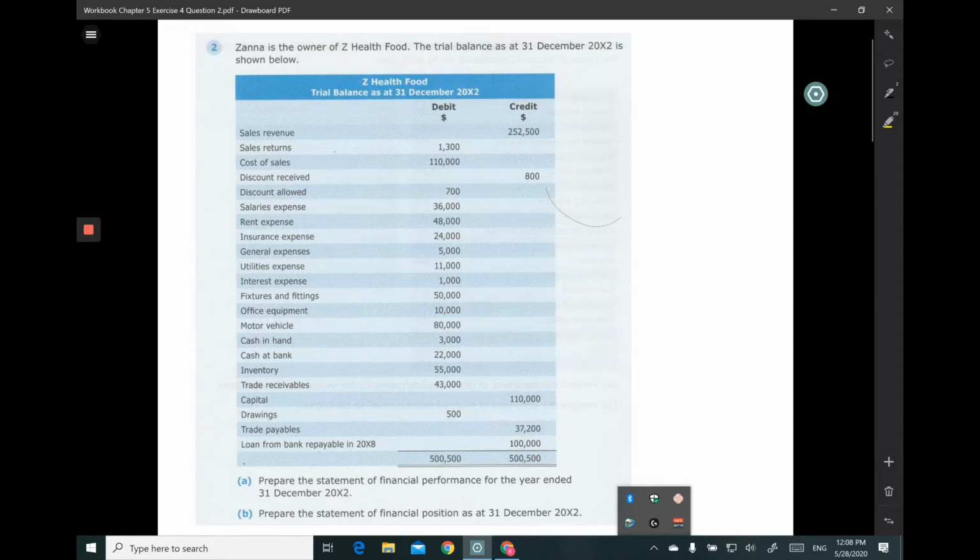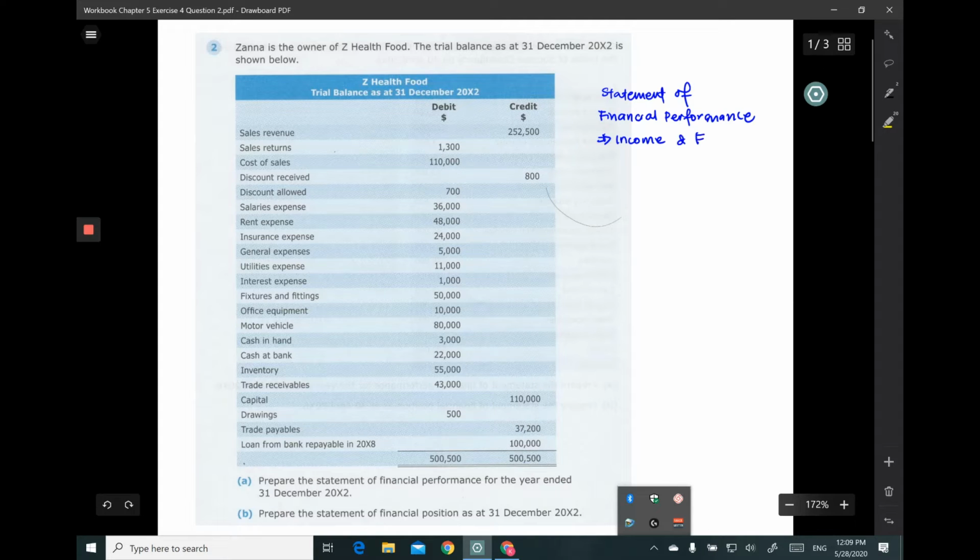Essentially, accounts found in the statement of financial performance, right? In case you have forgotten, your statement of financial performance should only have income and expense accounts. Let me finish writing this down.